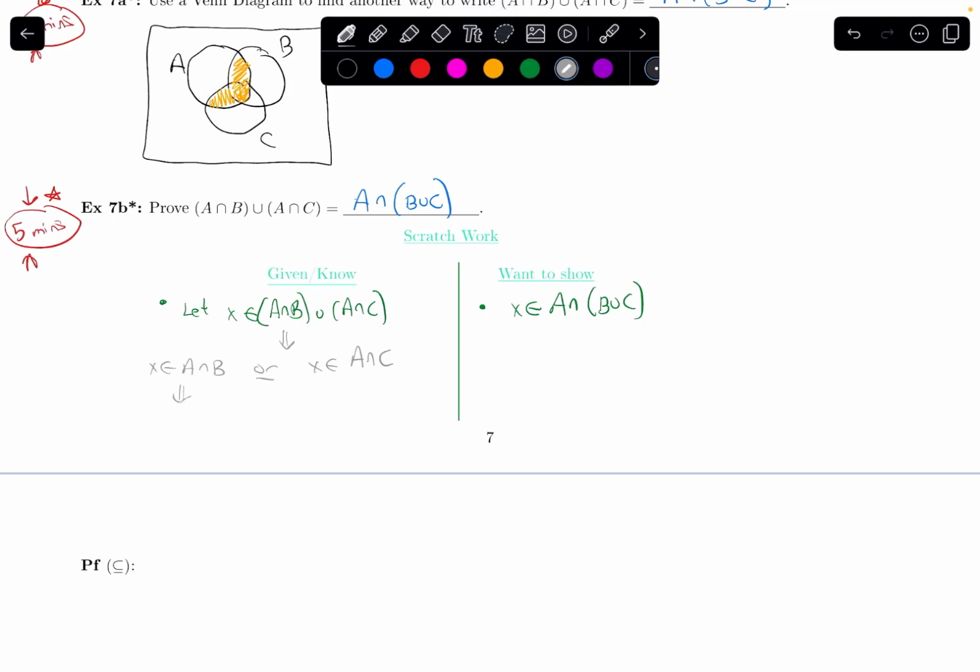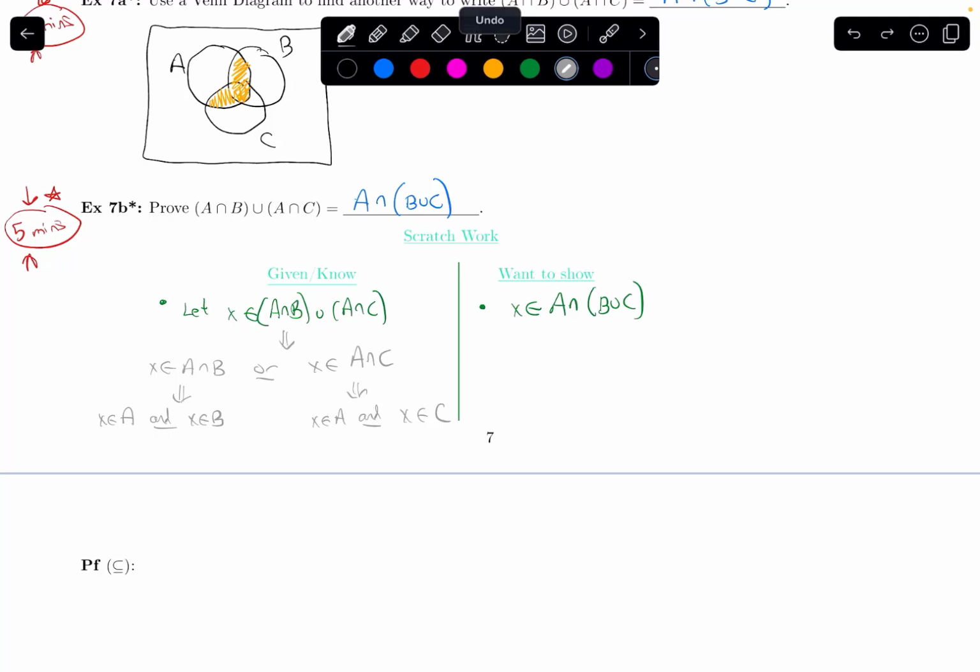So this will mean X is in A and X is in B. That's one possibility. In the second case, X would be in A and X is in C. So we have these two cases here. Are these cases going to tell us that this is true about X?